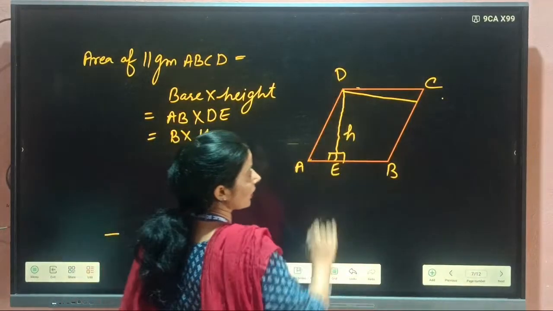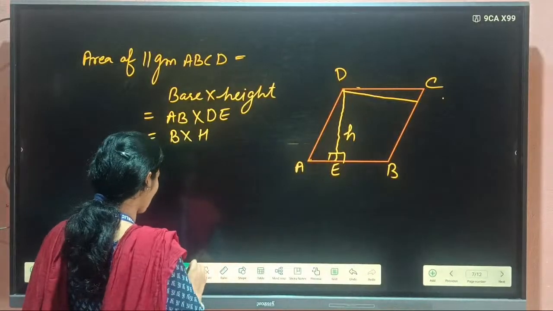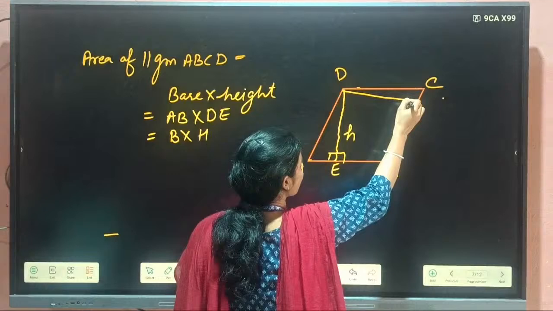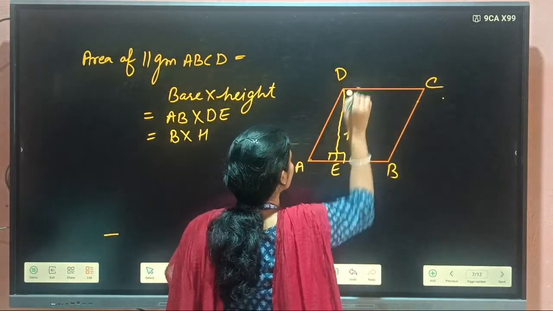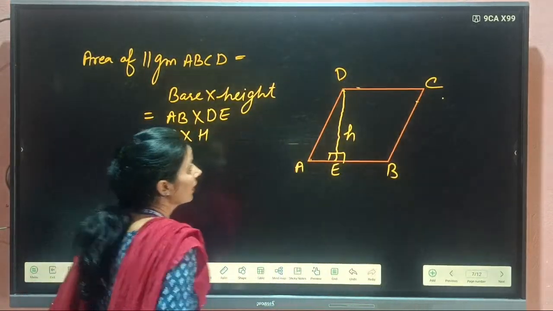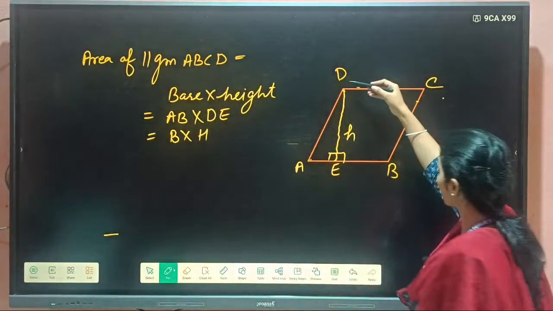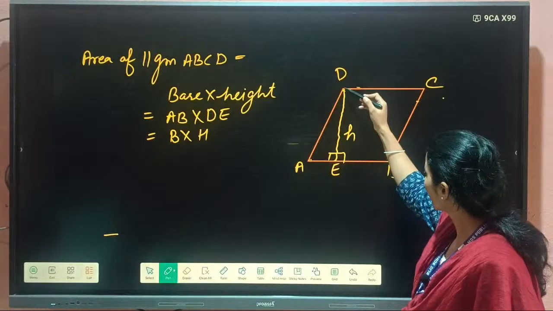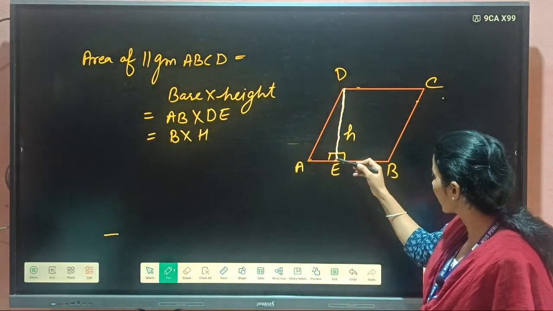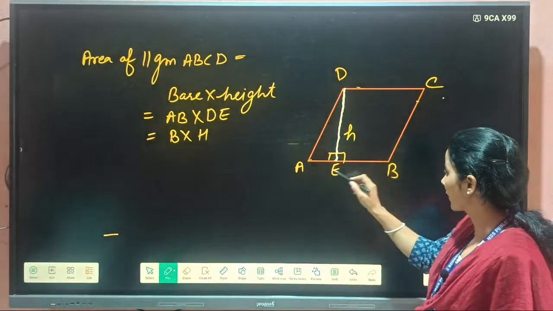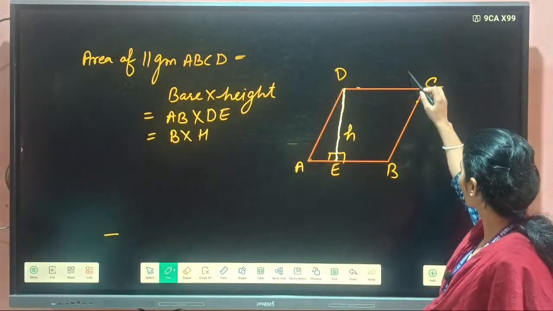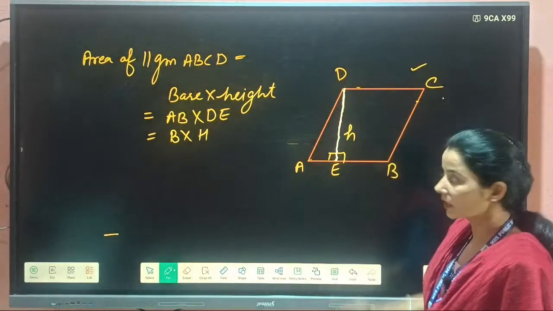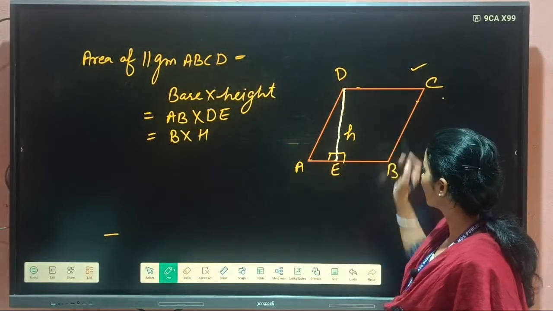This is one parallelogram. We have to divide this parallelogram into one rectangle. I will cut this parallelogram along DE. You can take one paper and draw a parallelogram, keeping its properties in mind: opposite sides are equal and parallel, opposite angles are equal.